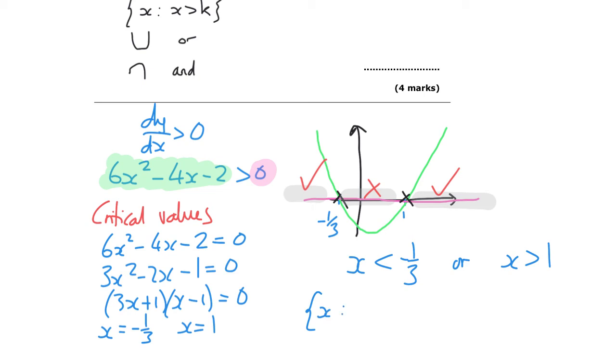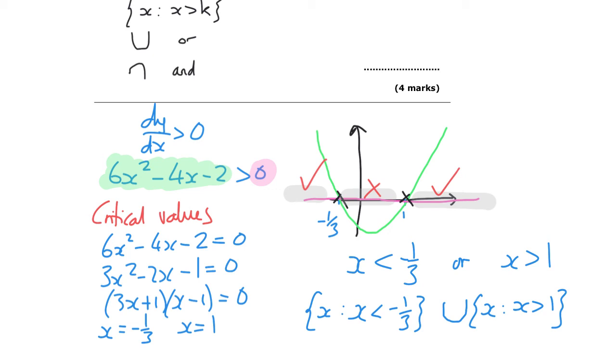So x, the colon means such that, so what's the restriction on x? x has to be less than minus a third. Close my curly brackets. The word or changes to a union, so that's the U shape. And the same thing for the other inequality, x such that x is bigger than 1.